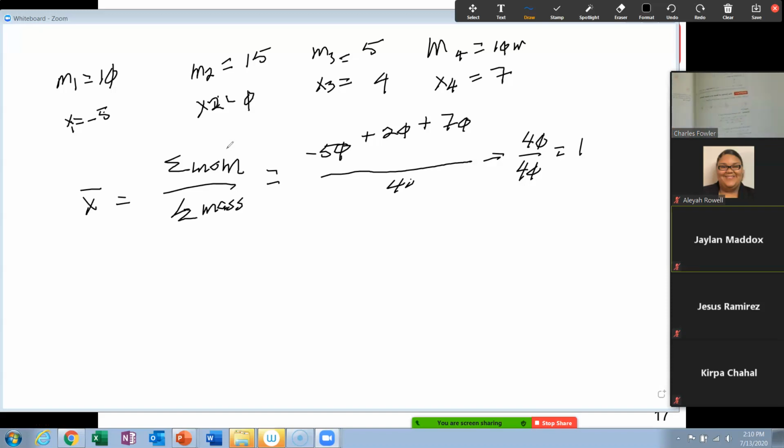If we moved the fulcrum, which right here is underneath the 15, can you see that? Move it to the right 1. Then this one over here would be 10 times 6, that would be a minus 60. The next one would be 15 times minus 1, that would be minus 15, that would be minus 75.